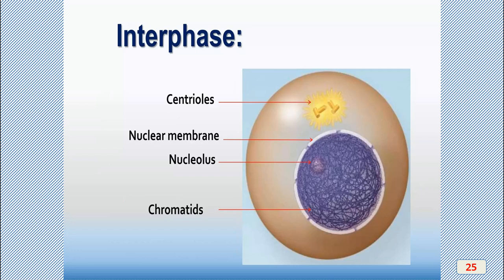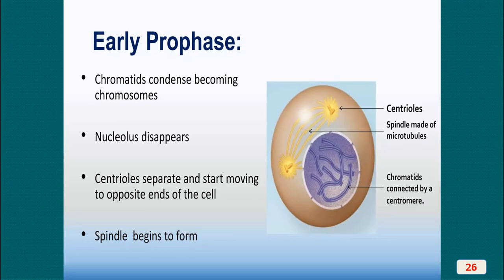Then interphase is the one in which we have the centrioles, the nuclear membrane, and the nucleolus, an important structure which controls the function of the entire cell. In early prophase, chromatin condenses, becoming chromosomes, and the nucleolus disappears.